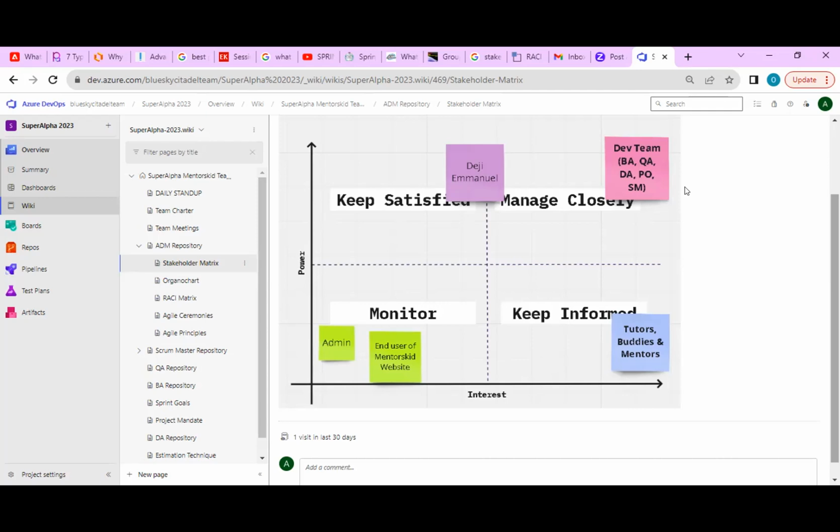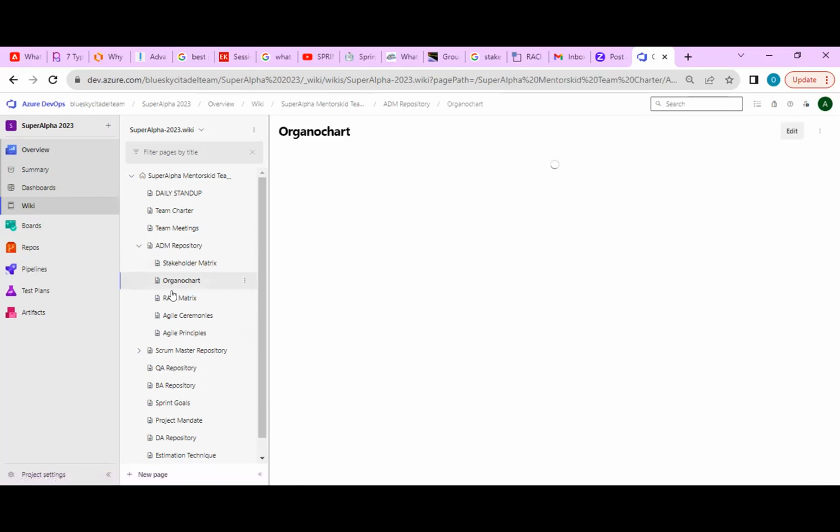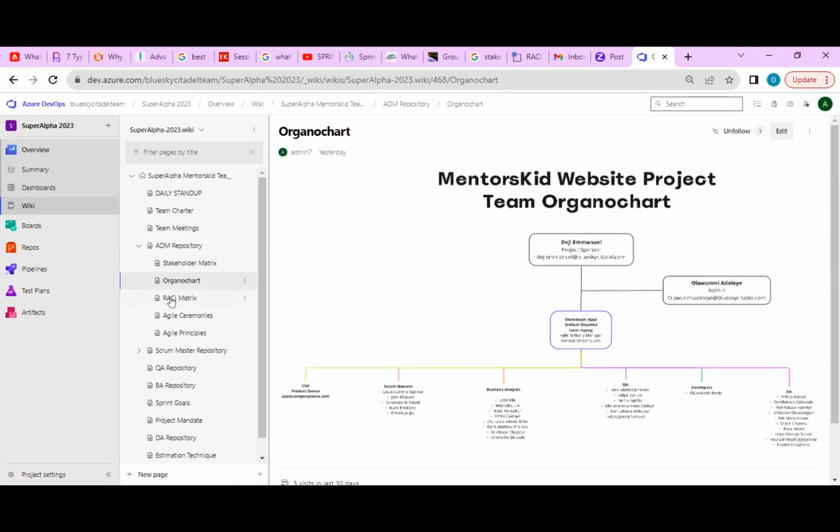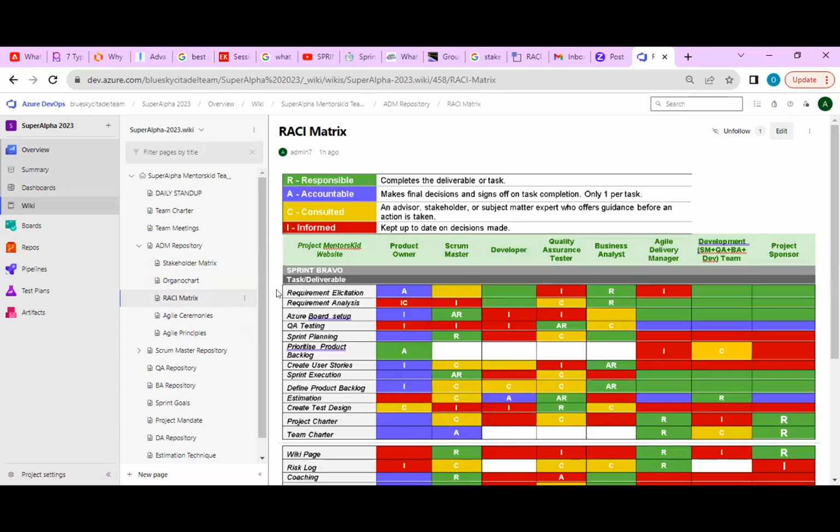All right? Okay. But well done. Let's go to the next one. What else do you have? Is that all? No, let's go to the RACI matrix first.